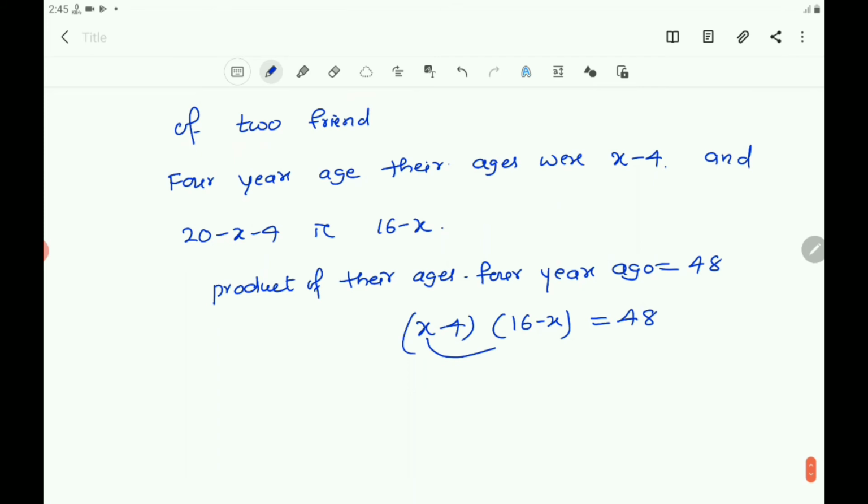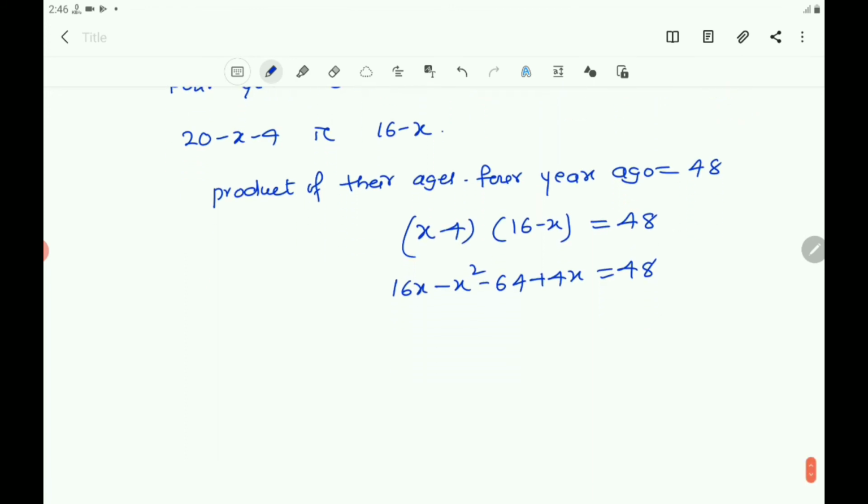Now you multiply: x into 16 is 16x, x into minus x is minus x square, and minus 4 into 16 is minus 64, and minus 4 into minus x is plus 4x equals 48. Then you transfer 48 to the LHS.